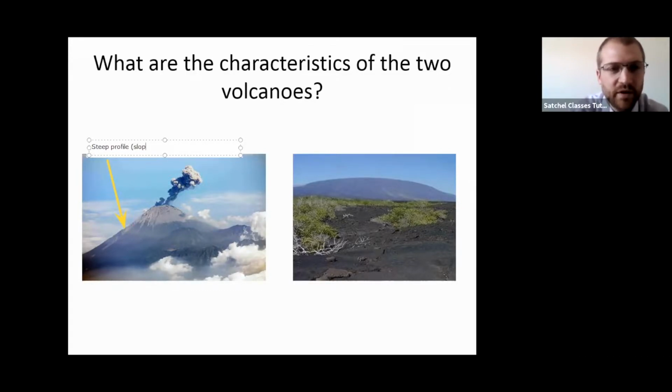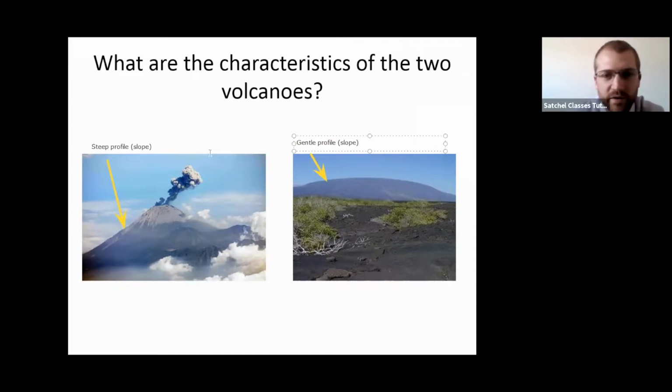I'll just put this down as slope. So one is much steeper. Of course with our key volcanoes, they'll often oppose each other, so we've got a much more gentle profile of this volcano, much more gentle slope.